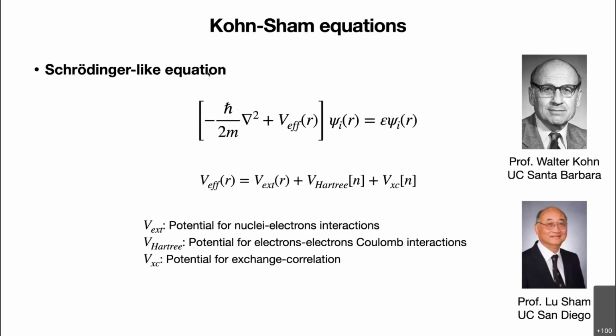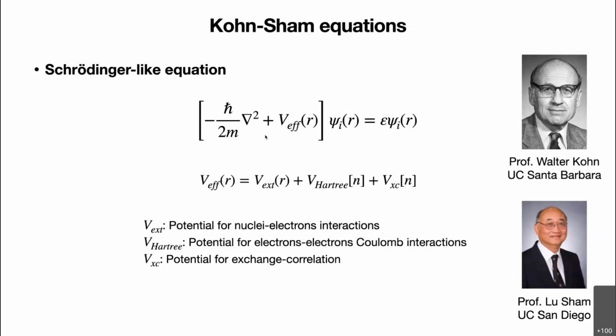And yeah, using these concepts and some approximations, Professor Walter Kohn from UC Santa Barbara and Professor Lu Sham from UC San Diego created this Schrödinger-like equation, which is called the Kohn-Sham equation. Basically, it looks like the Schrödinger equation.